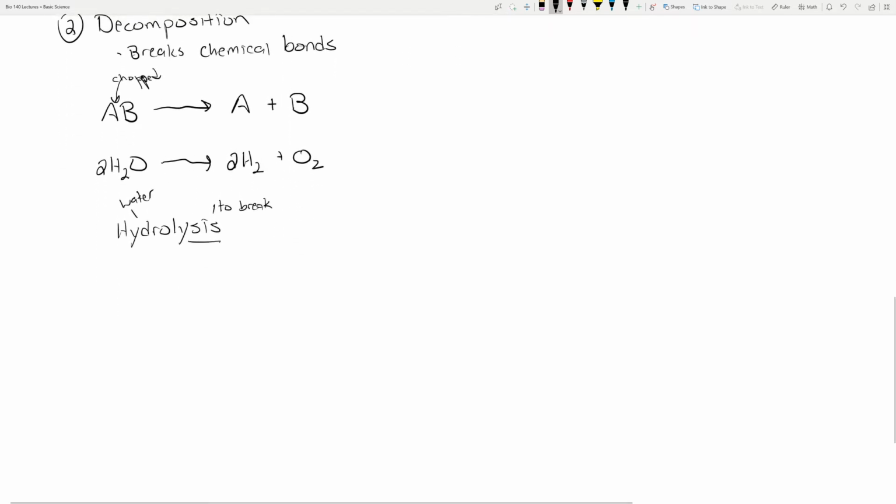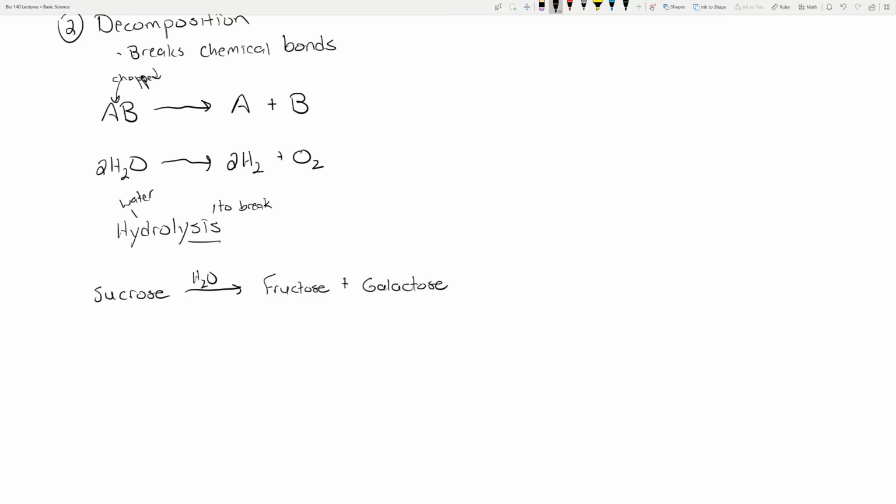Where we made sucrose from fructose and galactose before, we can take sucrose and add water to it to make fructose and galactose. This is commonly how your body breaks down larger molecules. It's called hydrolysis reactions. So the reactant would be sucrose, and if I add water to it, I'm going to get fructose and galactose.